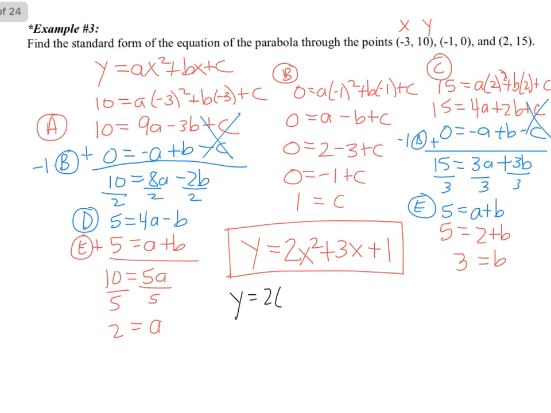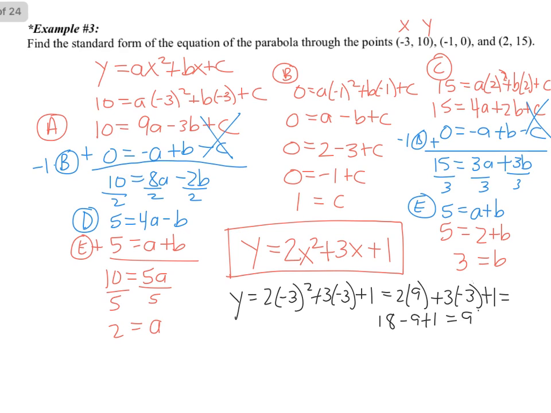So when I plug in negative 3, I better get 10. Well, negative 3 squared is 9. So get 18, take away 9 plus 1, which gives us 9 plus 1 or 10. Check. Check the second one. When I plug in negative 1 for x, I better get 0.